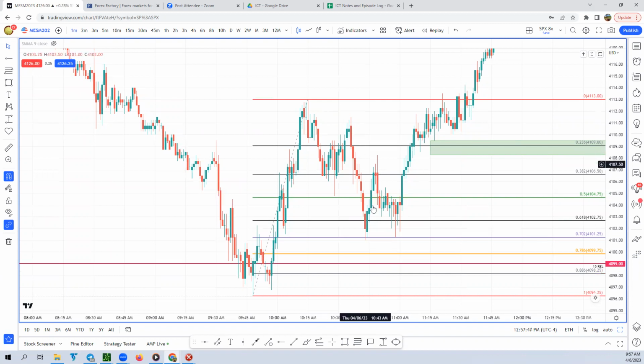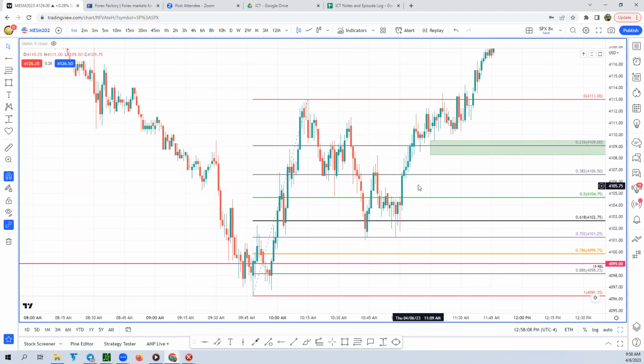So once I saw it come down and hit this fib level and found some support and reacted, and then it came back down and didn't break this low, I was like, okay, I think I'm good. By this time, the silver bullet trading hour ends on this candle right here.